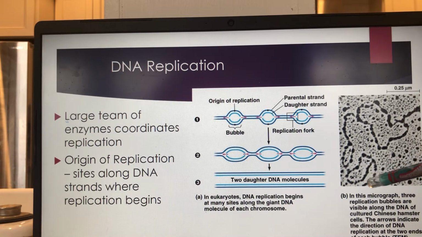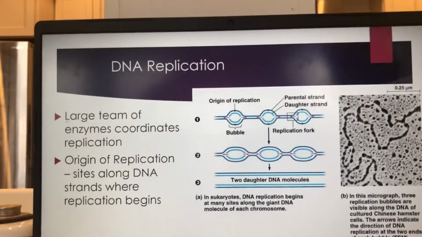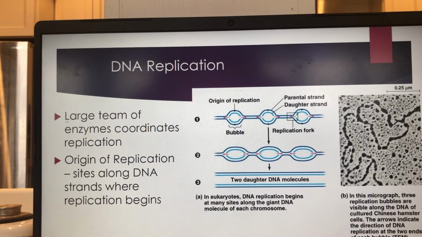We call this bubble the replication bubble, and you'll see it's happening several places within a DNA strand, okay? And large groups of enzymes come together and make this happen. Where the replication begins, we call the origin of replication, and there's gonna be several of these sites along one strand of DNA.